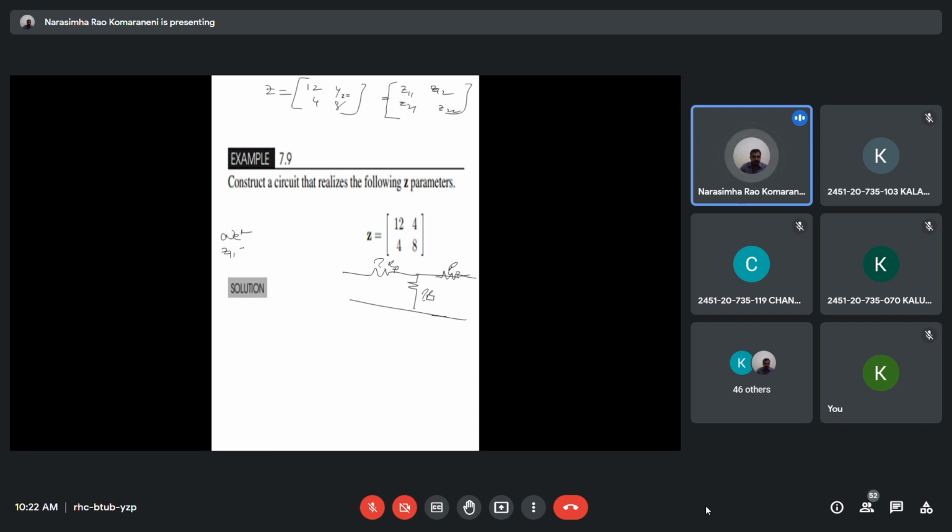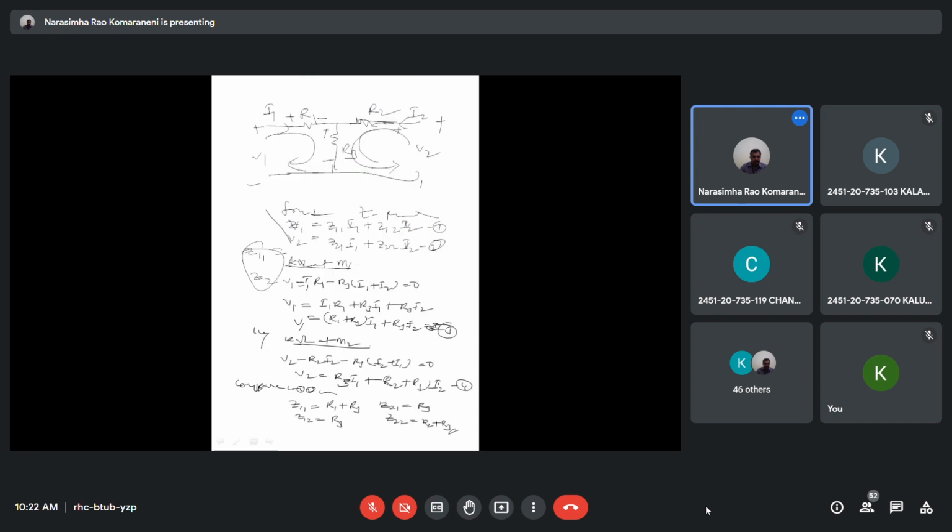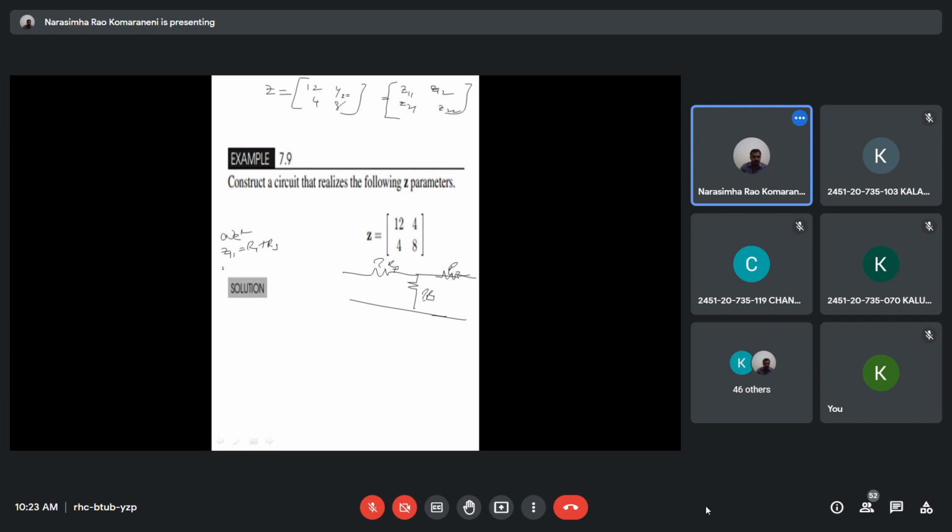Z11 equal to R1 plus R3. Z12 is equal to R3 and Z21 equal to R3, Z22 equal to R2 plus R3, right?